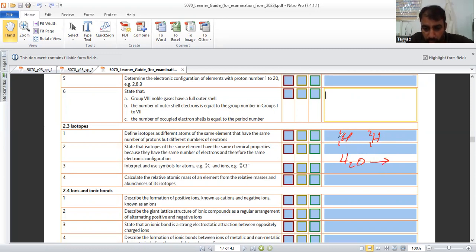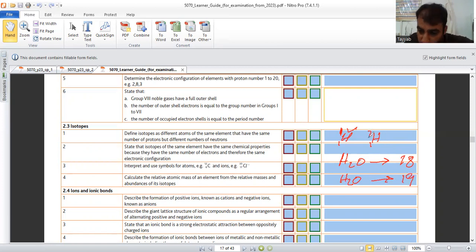For example, if both hydrogens have mass number 1, the total mass of hydrogen in the water becomes 2, and 2 plus 16 gives 18. If one hydrogen is of mass 1 and one hydrogen is of mass 2, it is H2O again, but its mass is 19.